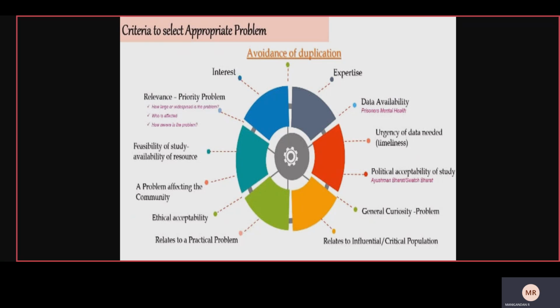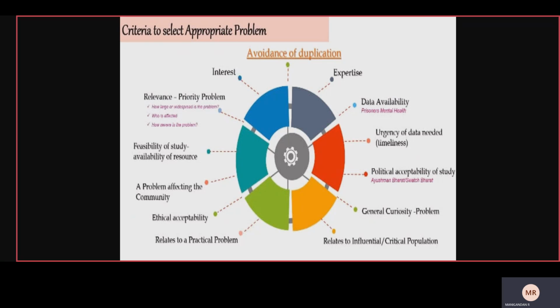And it relates to the practical problem: how it will be related to the practical scenario. And next one is expertise, meaning the new scenario, how it will be useful for you. And data availability means where you get the data.